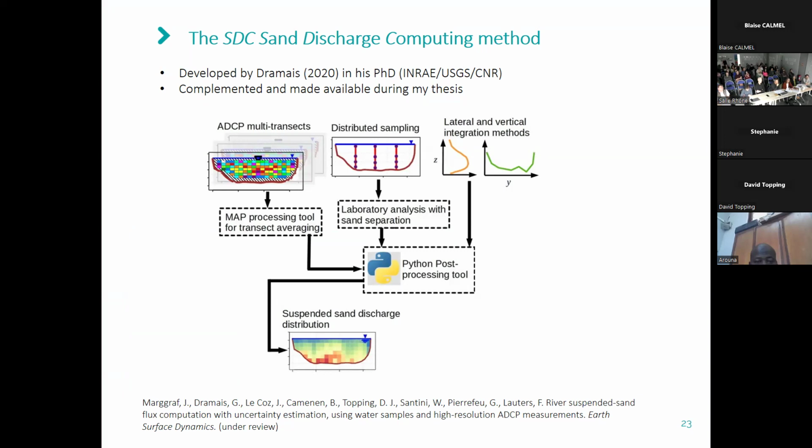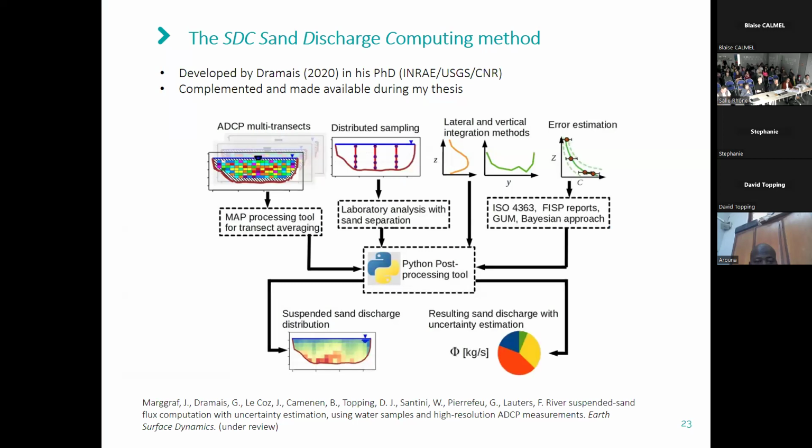To do so, it uses ADCP multi-transect averages, which it combines with distributed point sampling in the river cross-sections, which are then vertically and laterally integrated in the cross-section to obtain spatialized information on the sand concentration. In addition to this method, I complemented it with an error estimation, where I estimated the uncertainty in the sand flux through a river cross-section.